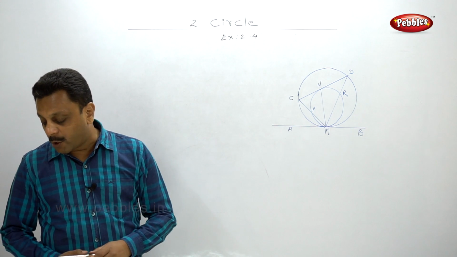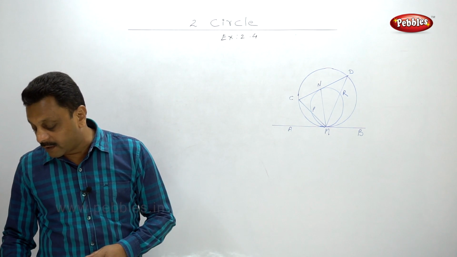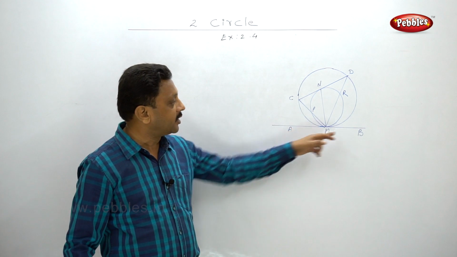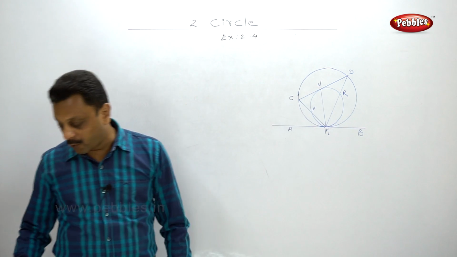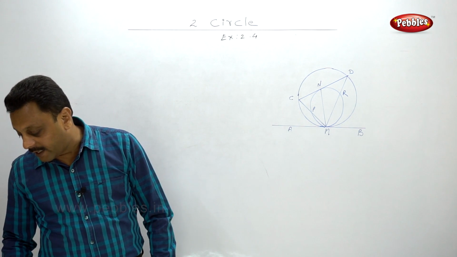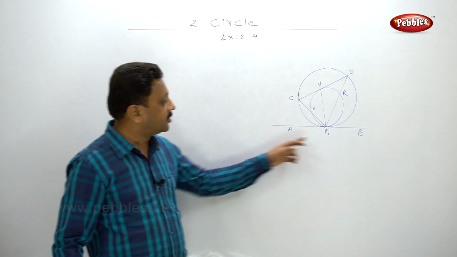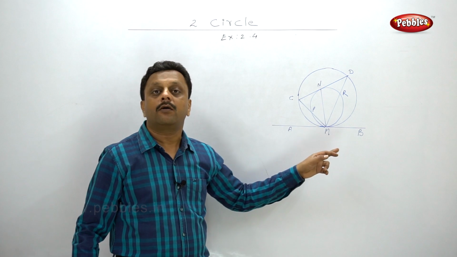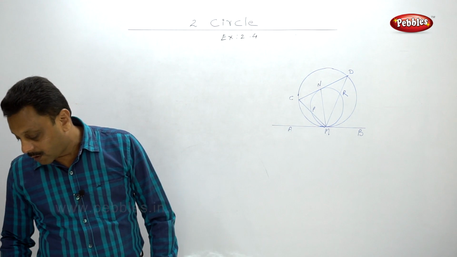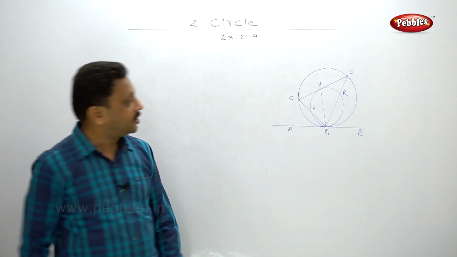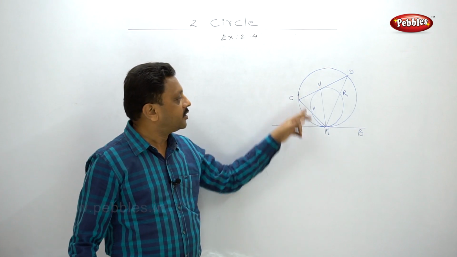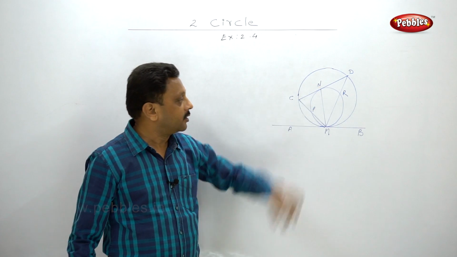Let M be the point of contact of 2 internally touching circles. These 2 circles are internally touching, bigger circle, smaller circle. M is the point of contact. Let line AMB be their common tangent. This line is the common tangent for both the circles. The chord CD of the bigger circle touches the smaller circle.